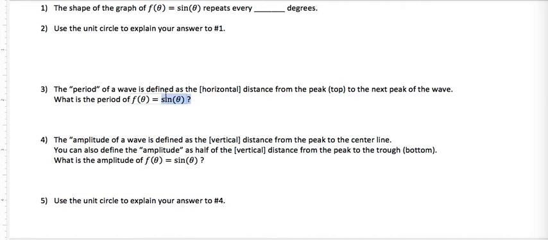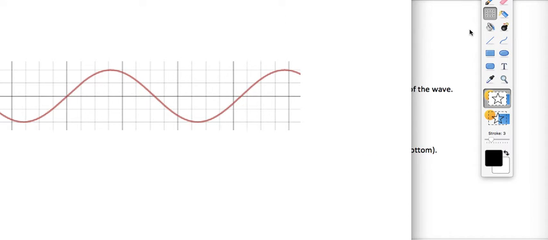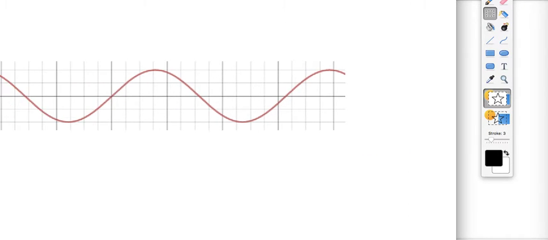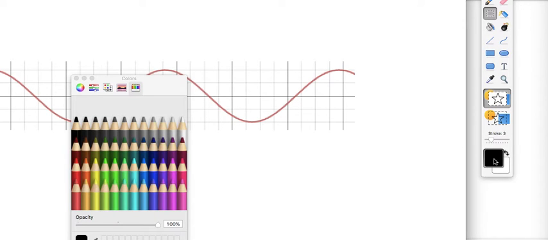Number 3 asks you what is the period of your graph. Period is defined as basically the horizontal distance, your left and right distance, from the peak or the top of one wave to the next peak. So your graph looks maybe something like this. Let's do it in green.